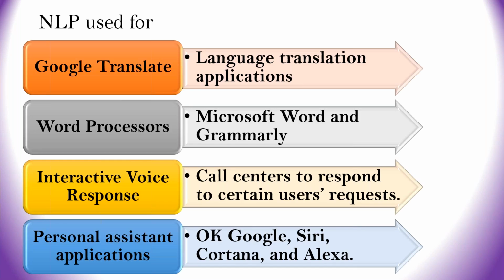And NLP is used for some real life applications. Some applications I have just mentioned here. They are Google Translate, word processors, as we are currently using. Even Gmail has a Grammarly-like inbuilt bot with a technique of natural language processing. And you can do interactive voice response, maybe Siri, Cortana, and other interactive voice responses.